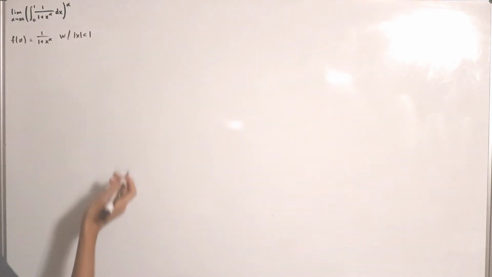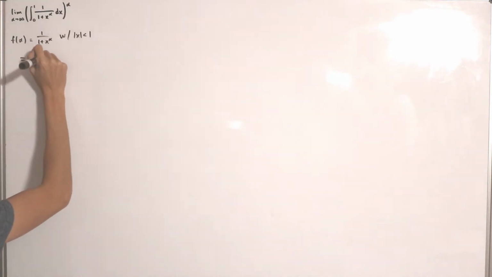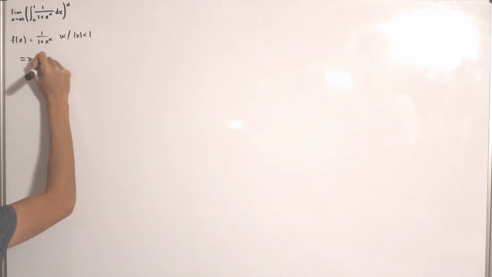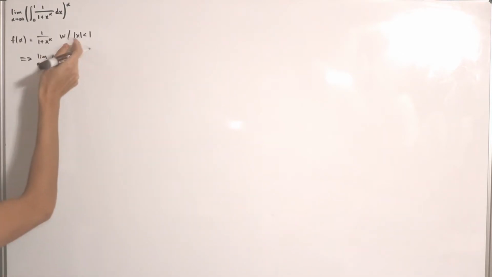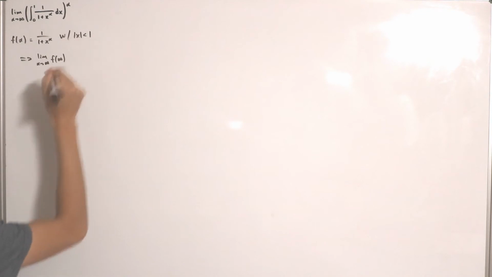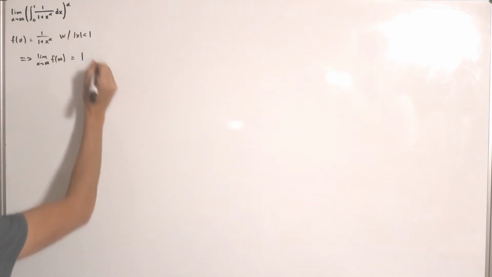Okay, so then this has to imply that the limit as alpha approaches infinity of f of alpha, with also the condition that the absolute value is less than 1, actually has to equal 1.